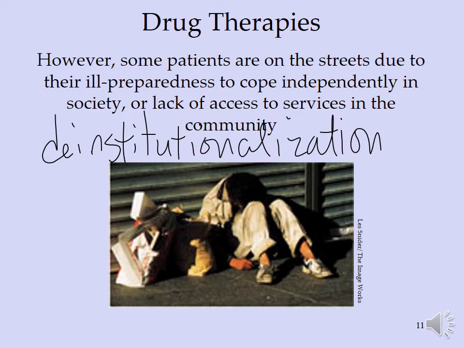In many communities, however, these were not sufficiently funded. They might be understaffed, not having the resources people need, or they were located in places that the patients could not access, couldn't get to them.